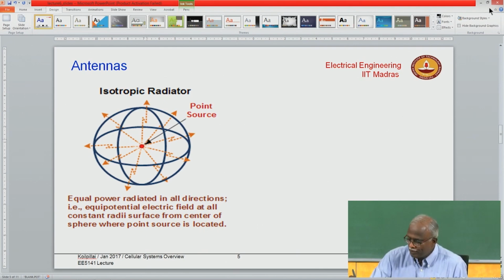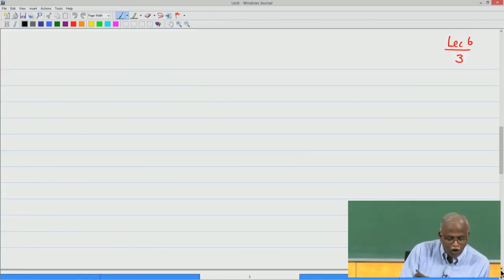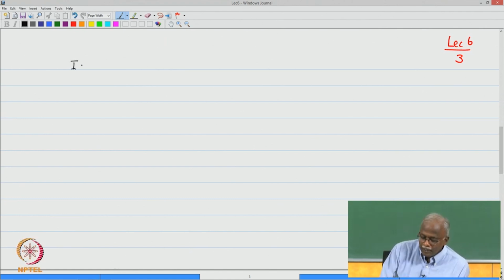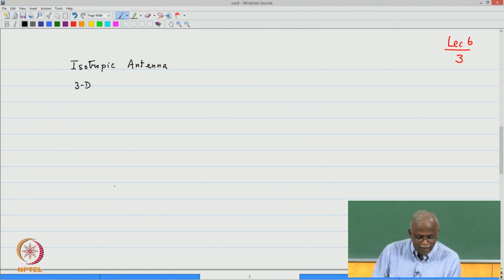Now, how do we incorporate this into our design? Basic explanation of an isotropic antenna. It is a 3-dimensional radiating element. It radiates in all directions, and it is one that we use for explaining in a conceptual manner.